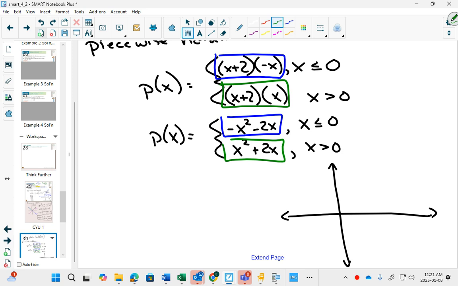Okay? What I liked about the top equation is it was in factored form. Then I can use chapter 1. I would know the x-intercepts. I would know that in my blue graph, I have an x-intercept at 0 and at -2. I would know from grade 11, this is a parabola that's negative, which opens down.